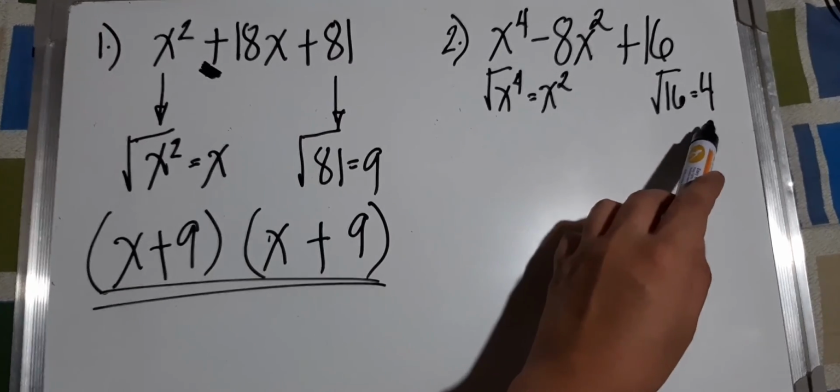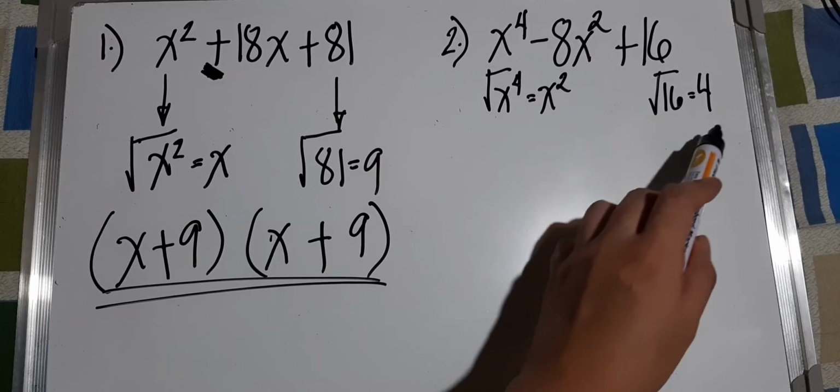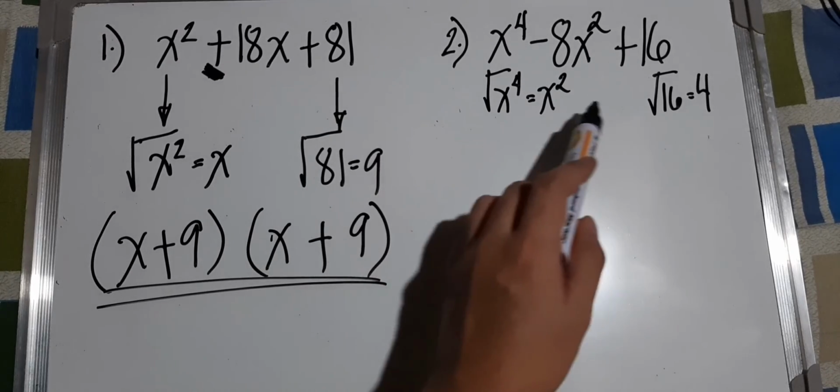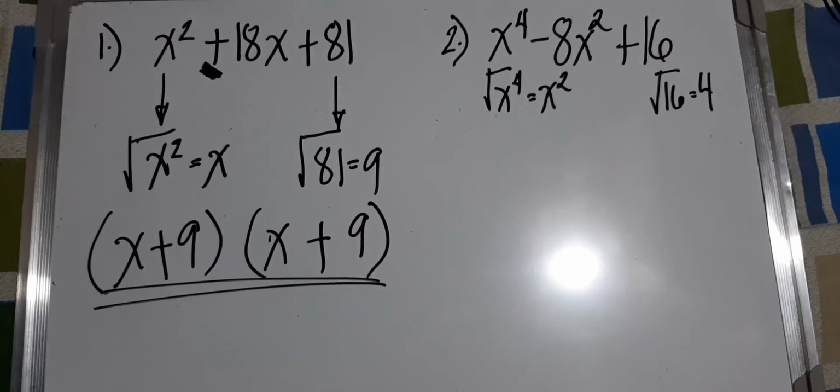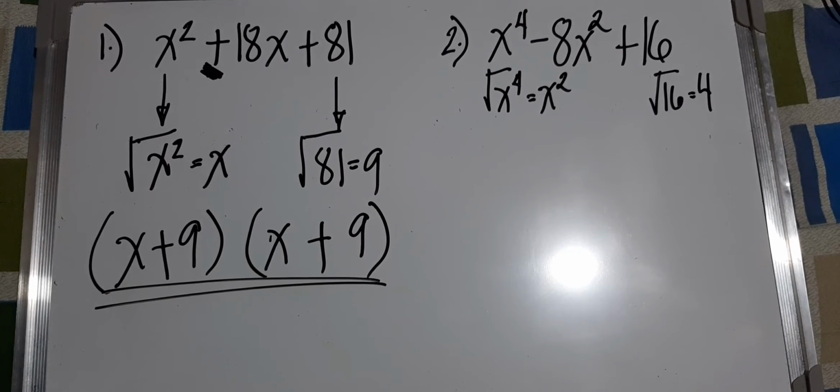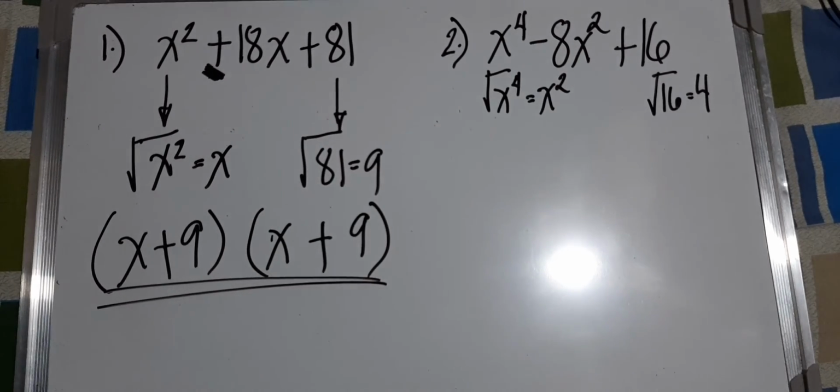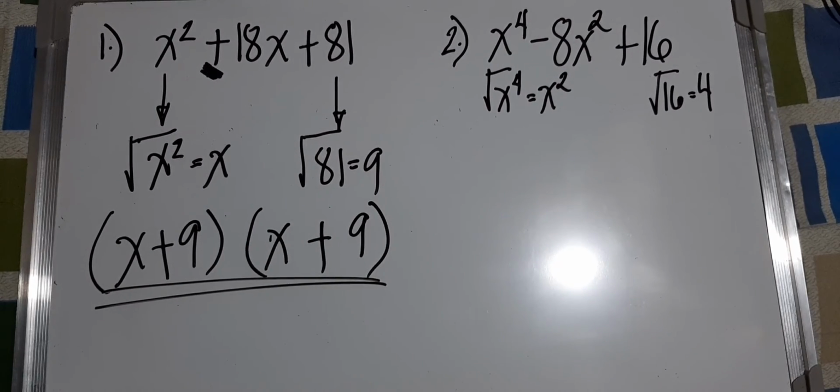Etong 4 na to, multiply ko lang kay x squared. 4 multiplied by x squared is 4x squared. Pero kailangan times 2. Kailangan doble. So 4x squared multiplied by 2 is 8x squared. So, tama. This equation in number 2 is really a perfect square trinomial.